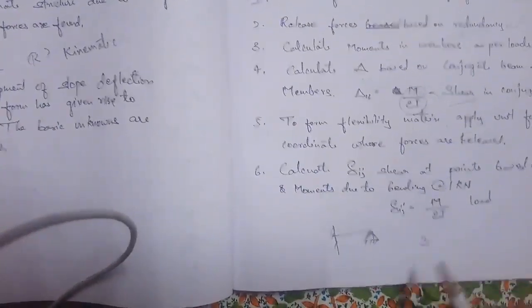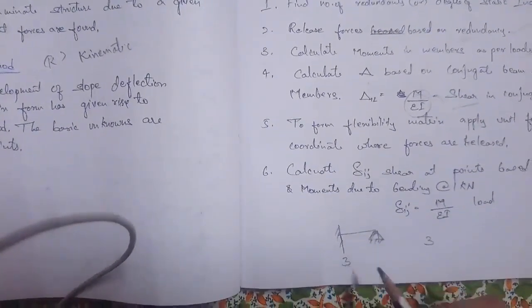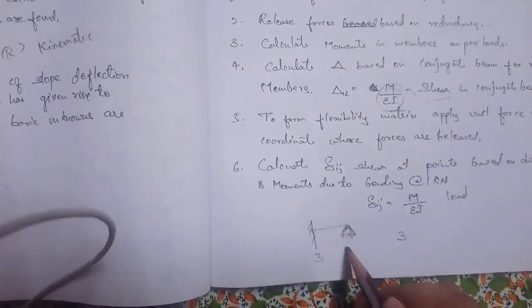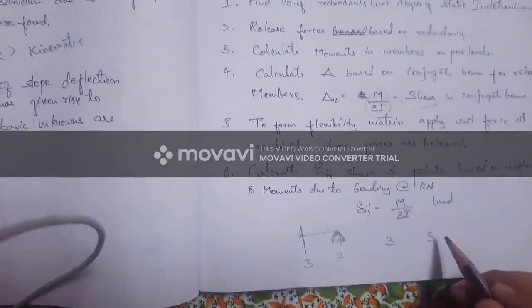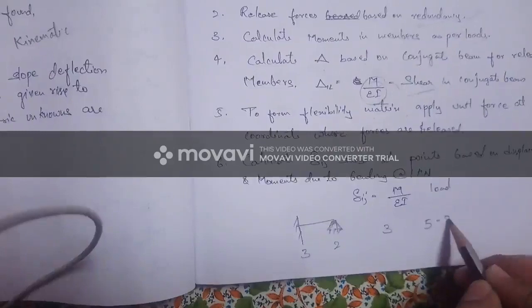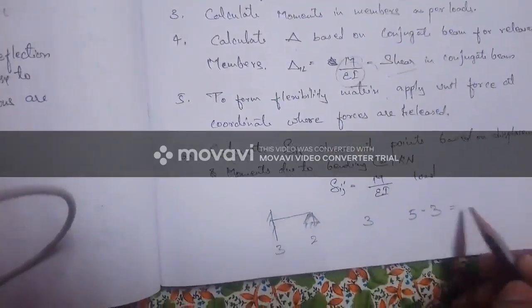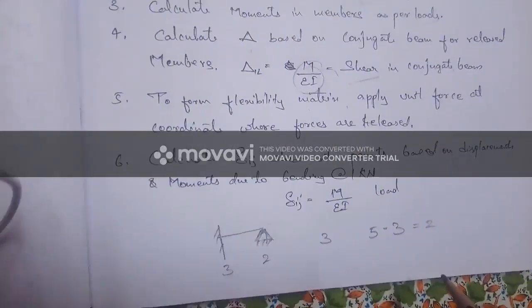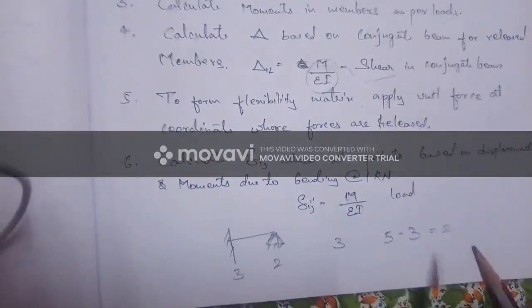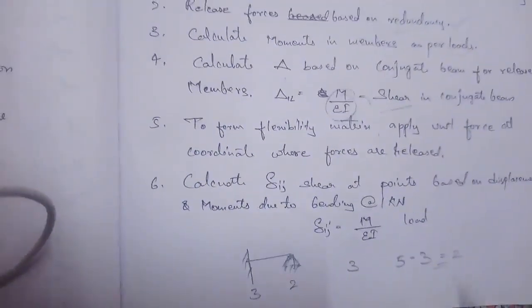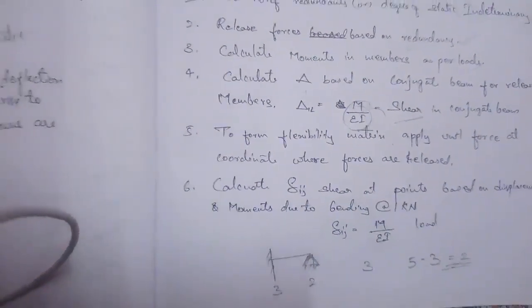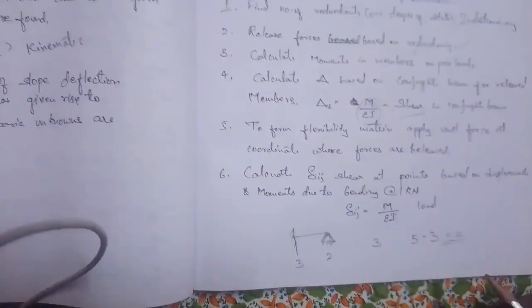There are 3 restraints with respect to the fixed support and 2 restraints at the hinge, totally 5. Yes or no? The equilibrium conditions are 3. So the redundancy or degree of static indeterminacy is 5 minus 3, which equals 2. So this 2 is the degree of redundancy or static indeterminacy of the beam.